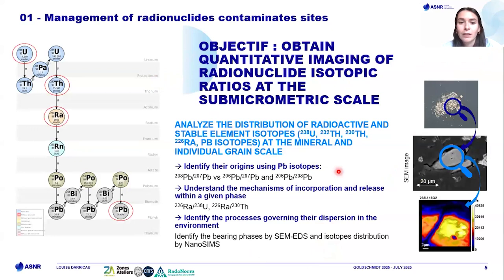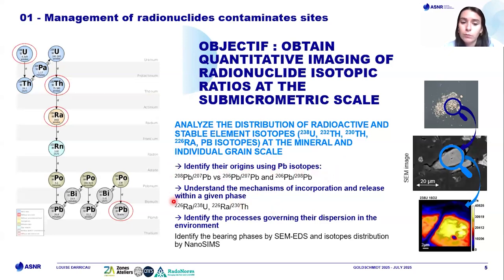For this, we wanted to look at some radioactive elements, for example, uranium-238, thorium-232, thorium-230, and radium-226, as well as some stable elements, such as the lead isotopes. To identify the origin, we are looking at some isotopic ratios.